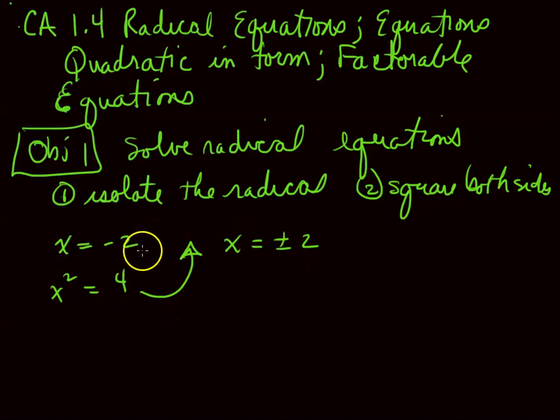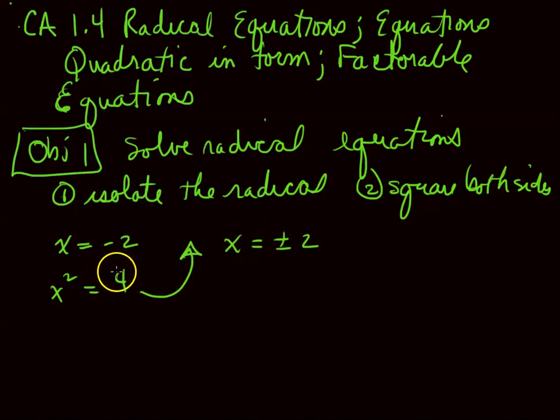But only one of those really was the true original x value. So sometimes squaring both sides gives you an extraneous root, because it's looking for the plus and minus part. So we've got to check these when we're all done.